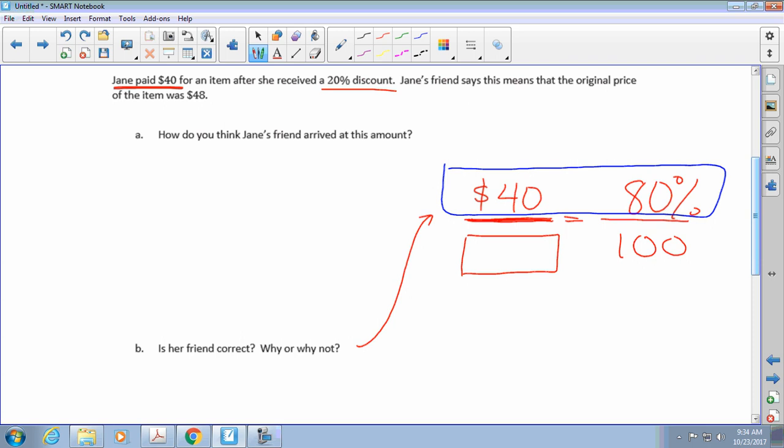Have I lost everybody? All right. So we're going to go through this example, and then I'll give you another example, okay? So we have 80 out of 100. That is an easy connection here. 80 to 40 is what? It's divided by 2. Very good. 100 divided by 2 is $50, right?